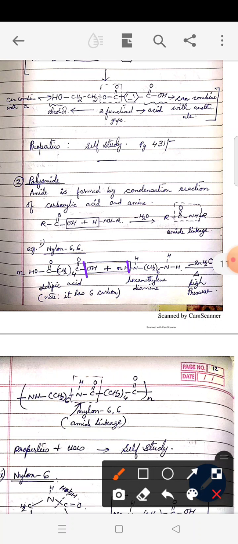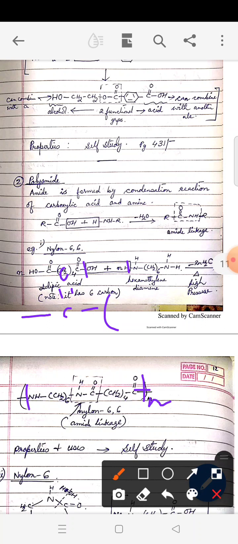The polymeric structure will be, I have written the reverse way, you can always change it. The polymeric structure will be CO, then CH2 4 times, CONH, CH2 6 times, NH, and then we draw the bracket and show n here to express the polymeric chain.